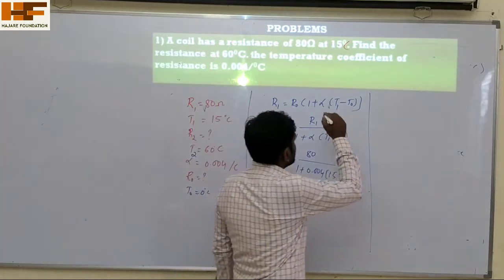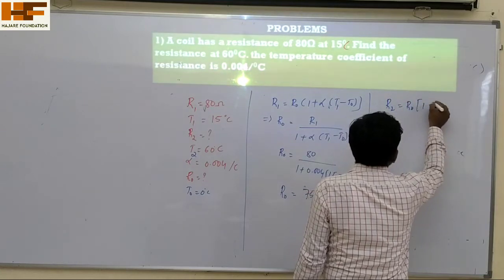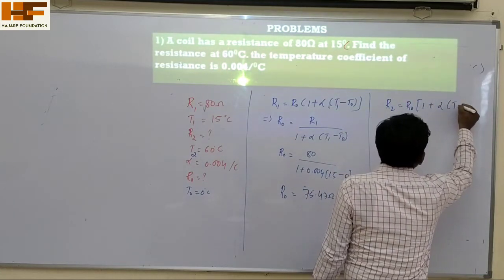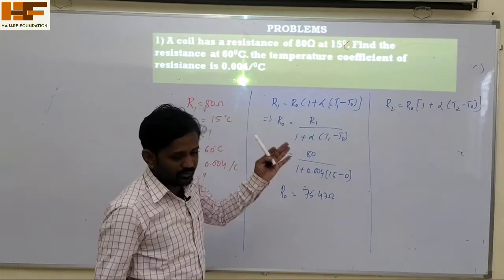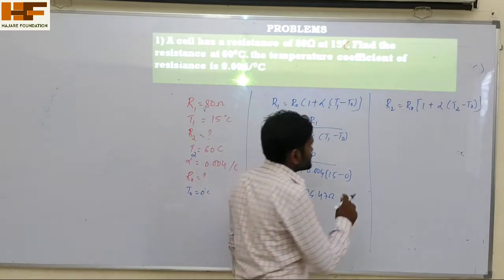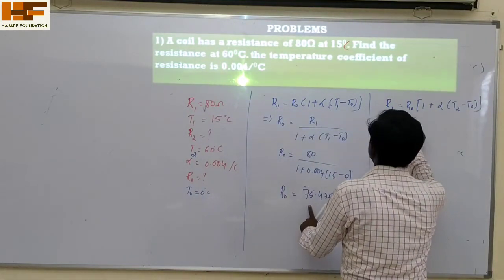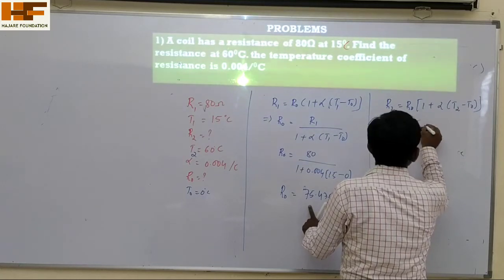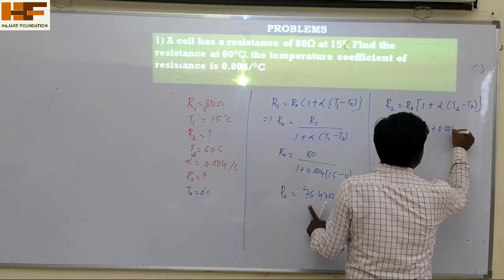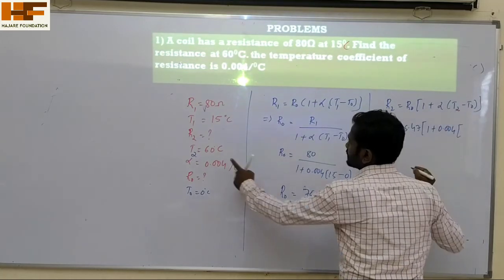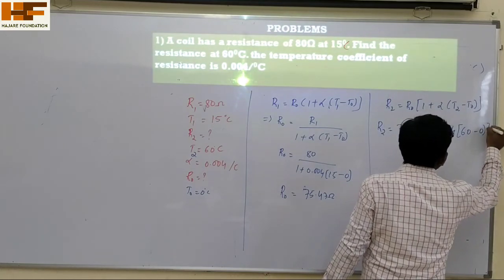Okay. Now we calculate the resistance of the conductor at the temperature 60 degrees. Again using the formula, R2 is equal to R naught into 1 plus alpha into T2 minus T naught. Substituting, R2 is equal to 75.47 into 1 plus 0.004 into 60 minus 0.